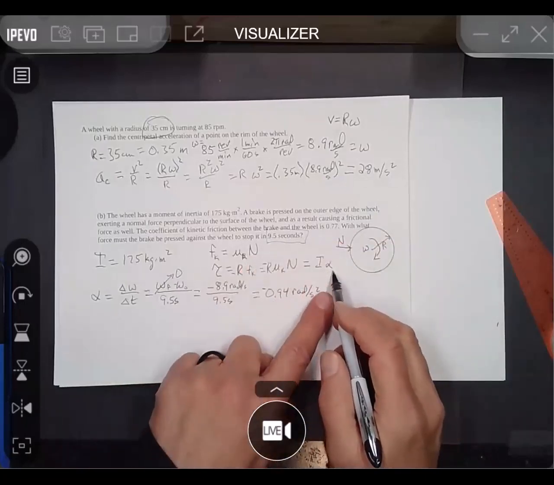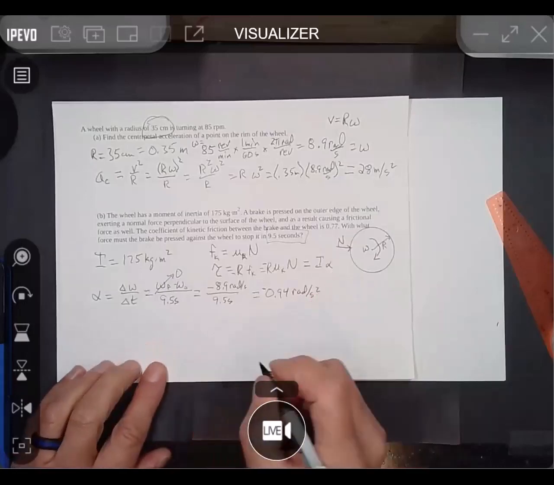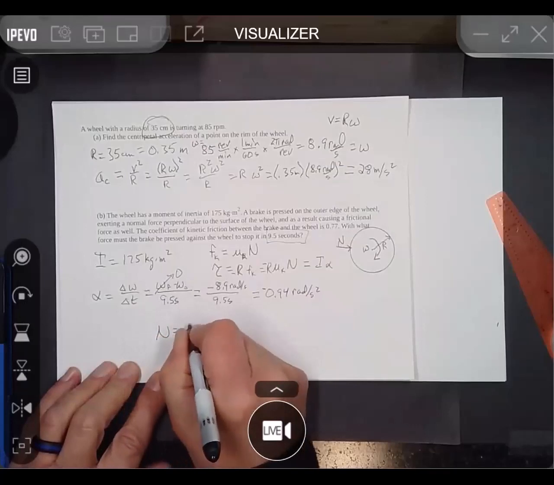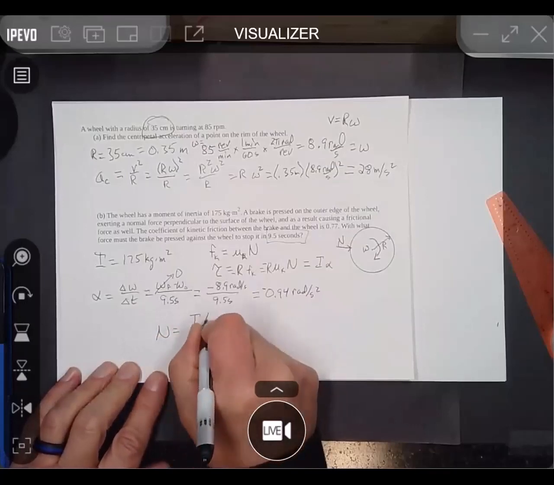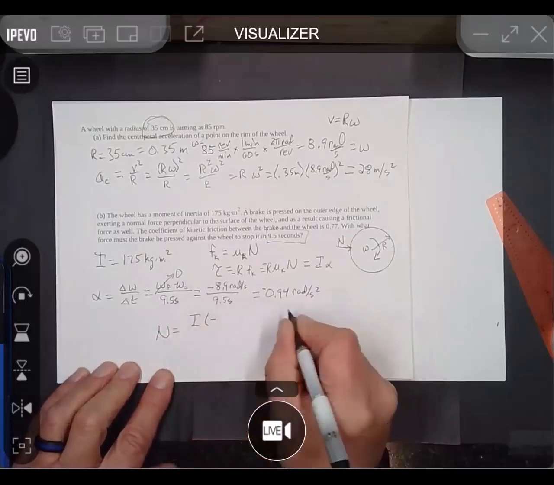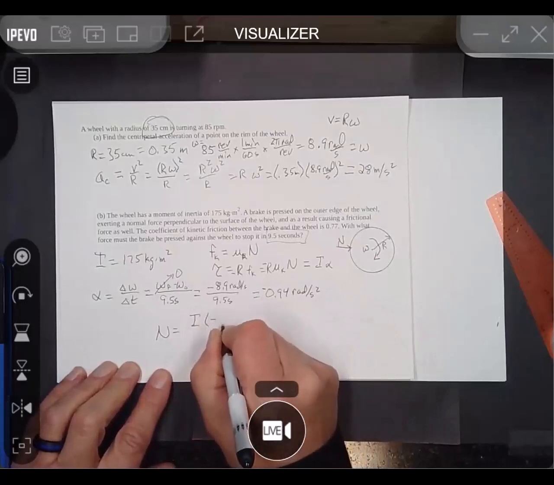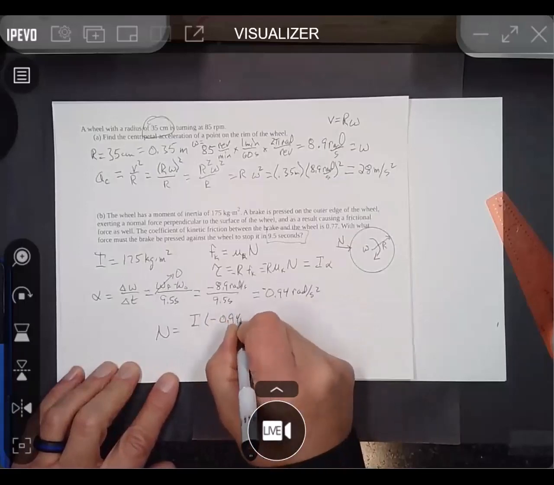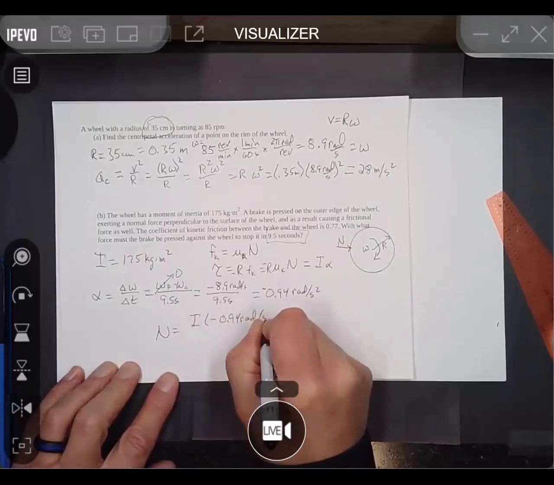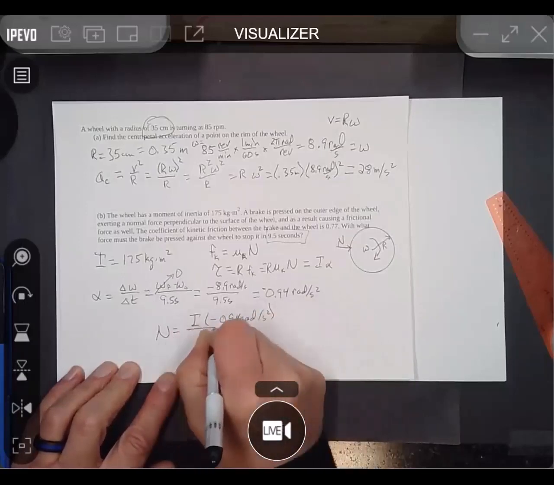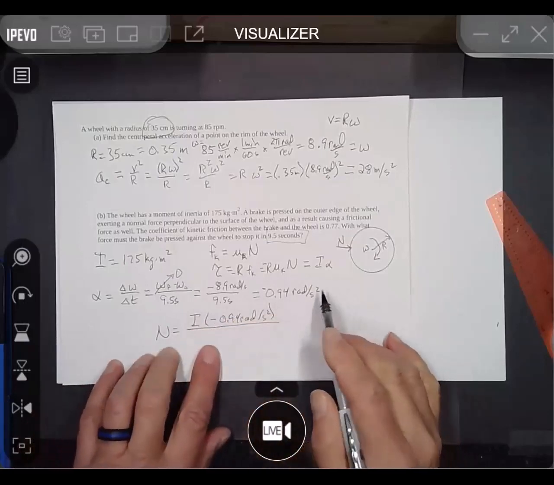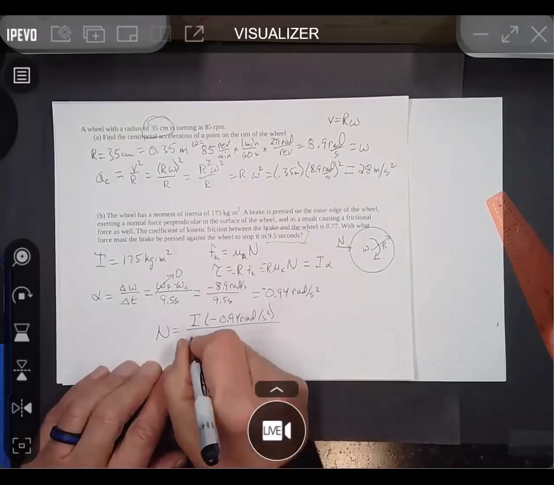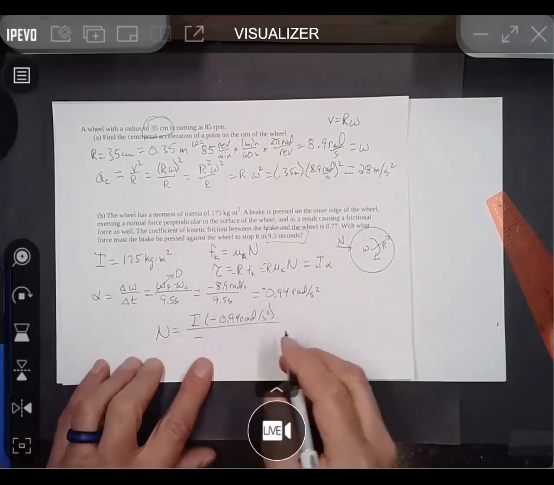So the normal force is going to equal the rotational inertia times that negative angular acceleration, 0.94 radians per second squared, divided by r times mu sub k, but I'm bringing the minus sign over to that side.